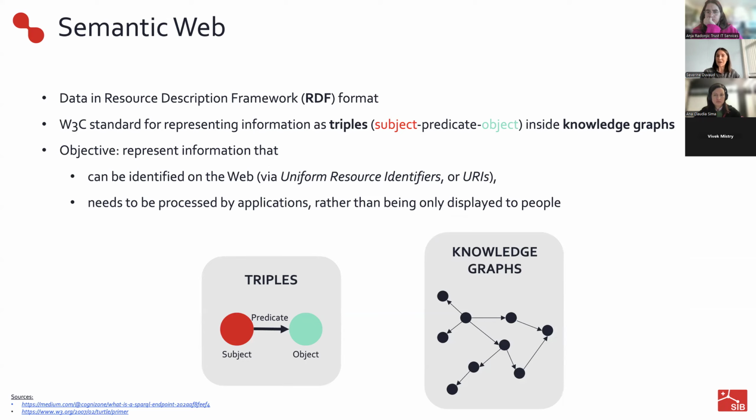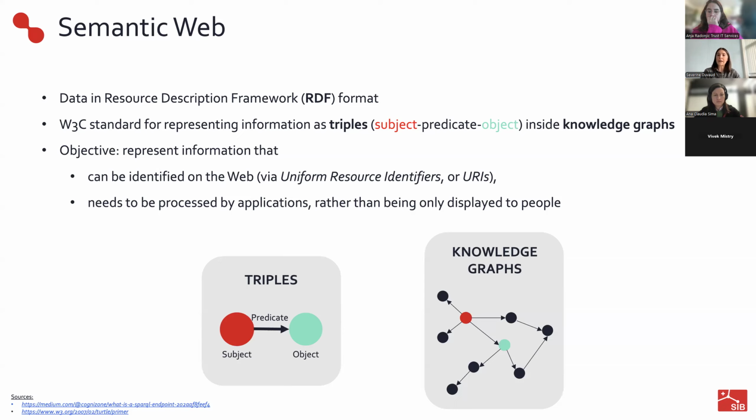Triples consisting of a subject, a predicate, and an object. If this sounds too complex, just consider it like a simple sentence like Bern is the capital of Switzerland. Subject, Bern; is capital of, predicate; Switzerland, object.